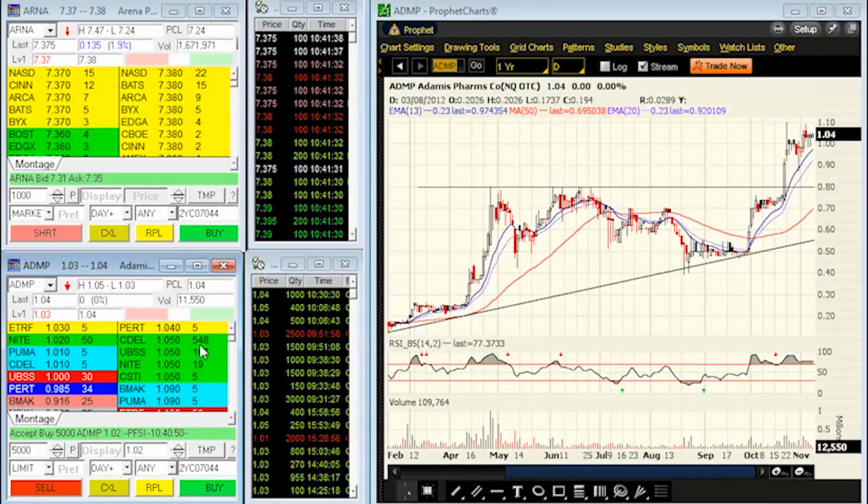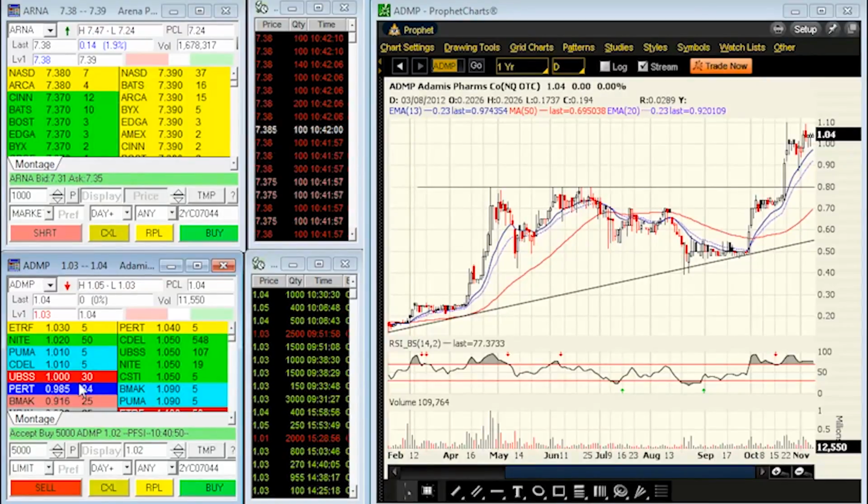There's got to be buyers coming in and buying all these shares out to be able to break out above that level of 1.05. As of right now, we're looking more in favor of the supply here. It's going to take a lot of buyers to get this stock to go up. On the other hand, it's not going to take that many sellers to take out all these bids here in the $1 area.